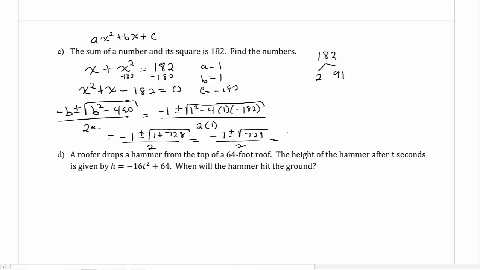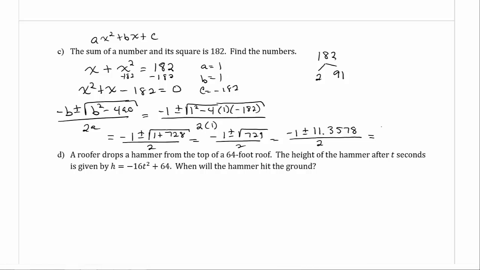And the square root of 729 is 11.3578. And I rounded that to 4 decimal places divided by 2. And so what do we get here?